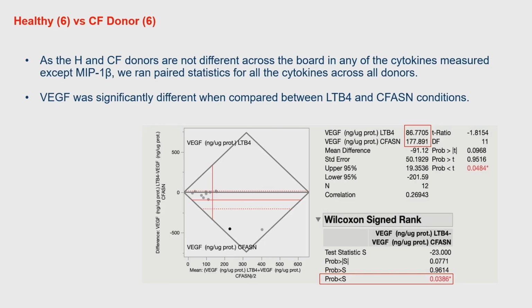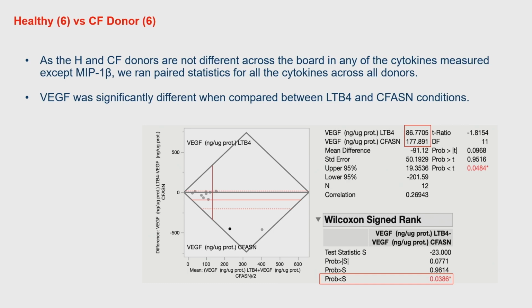VEGF was significantly different when compared between LTB4 and CFASN conditions. As you can see here, there's almost a twofold difference between the two. And when paired statistics, including Wilcoxon, was run, we saw that the p-value was almost 0.038, which suggests there's a significant difference there.